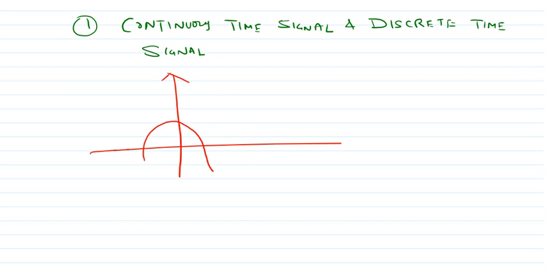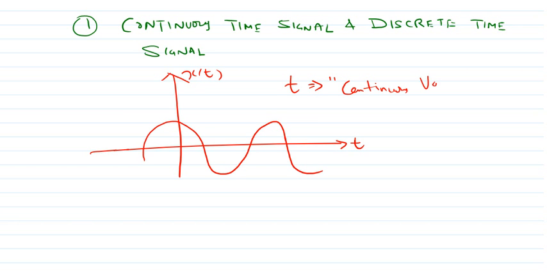This is an example of a continuous time signal, x(t) with respect to t. Basically t is a continuous variable. So if t is a continuous variable, then it is a continuous time signal.